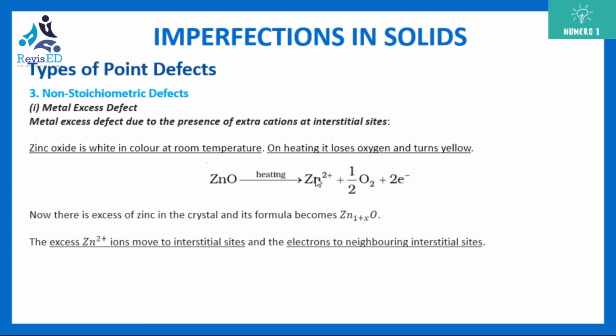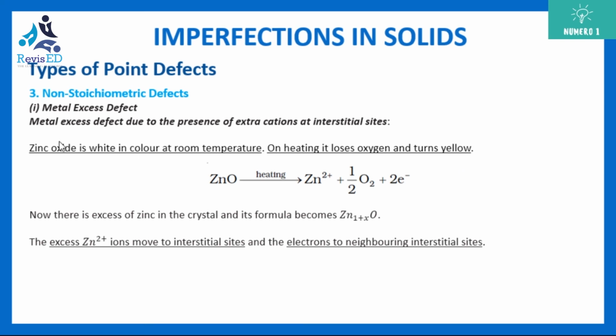This Zn2+ goes back inside the crystal and occupies an interstitial site, and electrons also stay nearby in neighboring positions. So the excess Zn2+ ions move into the interstitial site and electrons into the neighboring interstitial site. The Zn2+ and these electrons are responsible for imparting a yellow color.